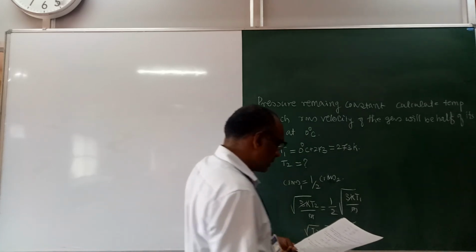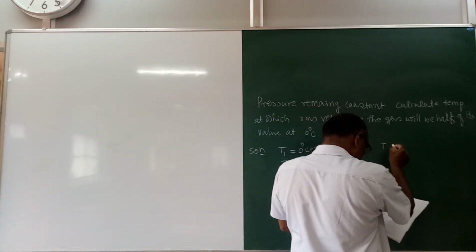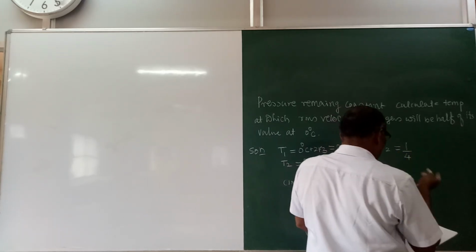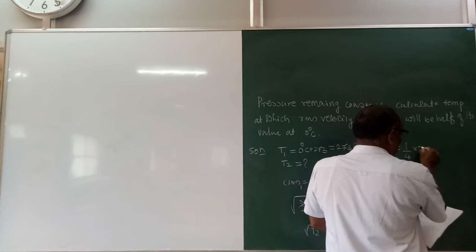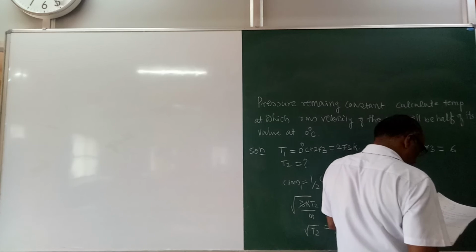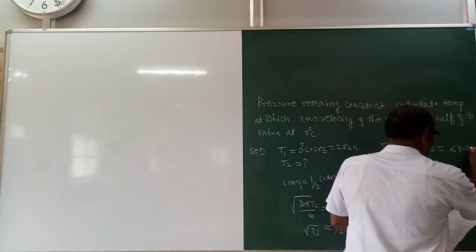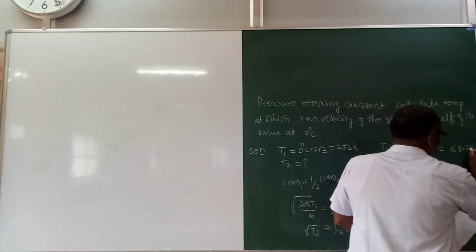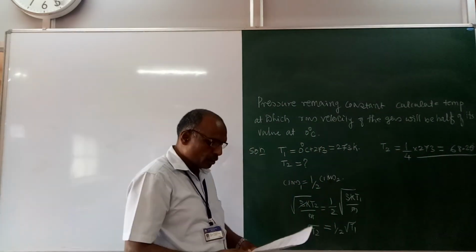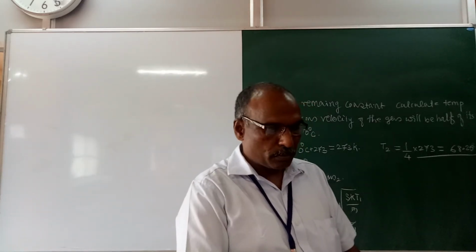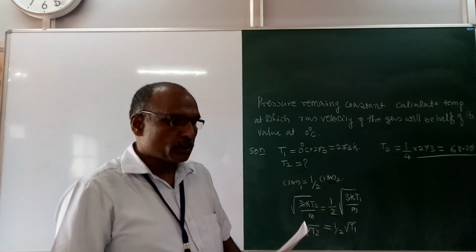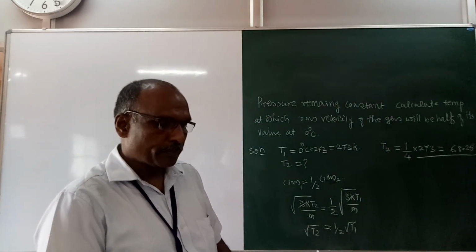If you square it, T2 will be equal to 1/4 into 273, because it is squaring. This will be 68.25 Kelvin. So you have to go for this. You need not worry, only thing you should know the concept properly. That's the key here.